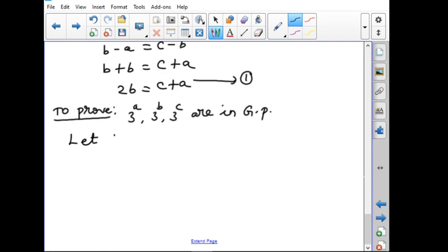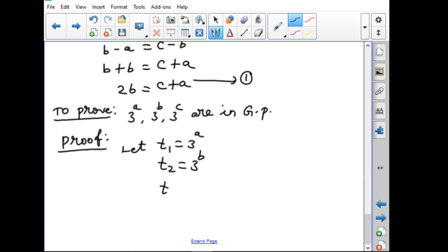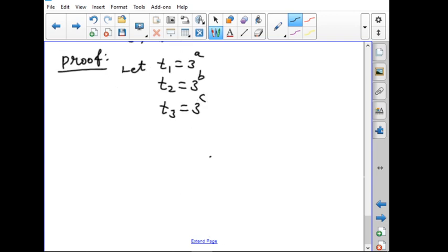Let T1 equal to 3 power A, T2 equal to 3 power B, and T3 equal to 3 power C. Now we are assuming term 1, term 2 and term 3 as 3 power A, 3 power B and 3 power C. We know that the common ratio R equal to T2 by T1, and T2 by T1 is equal to T3 by T2.